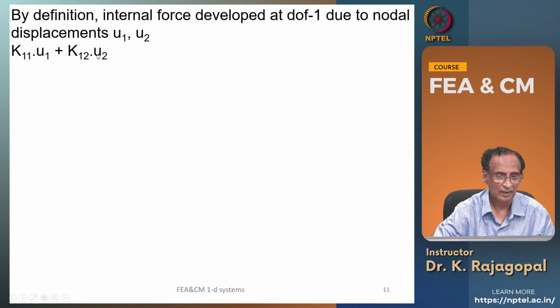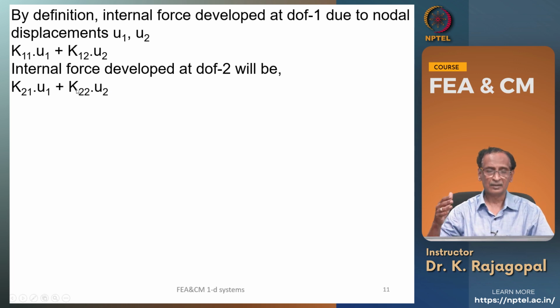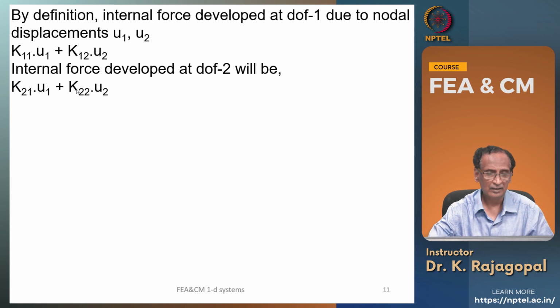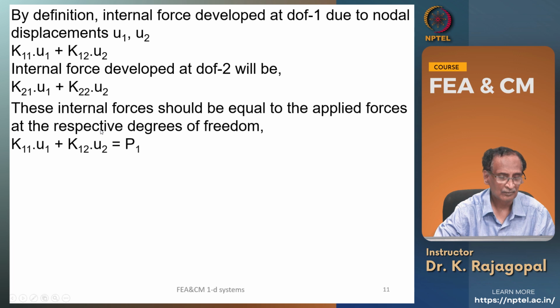So, K12 times u2 is the reaction force developed in degree of freedom 1. And similarly, the internal force developed at degree of freedom 2 will be K21 u1 plus K22 u2, and these are the internal forces or the reaction forces, and these should be exactly equal to the applied forces P1 and P2. So, K11 u1 plus K12 u2 is P1, and K21 u1 plus K22 u2 is P2.